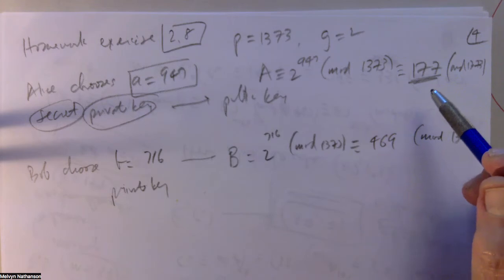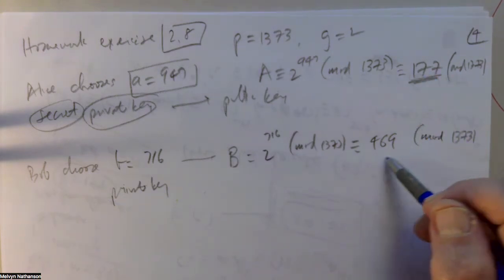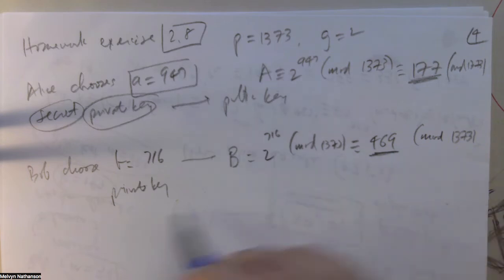So Alice's public key is 177. Bob's public key is 469.